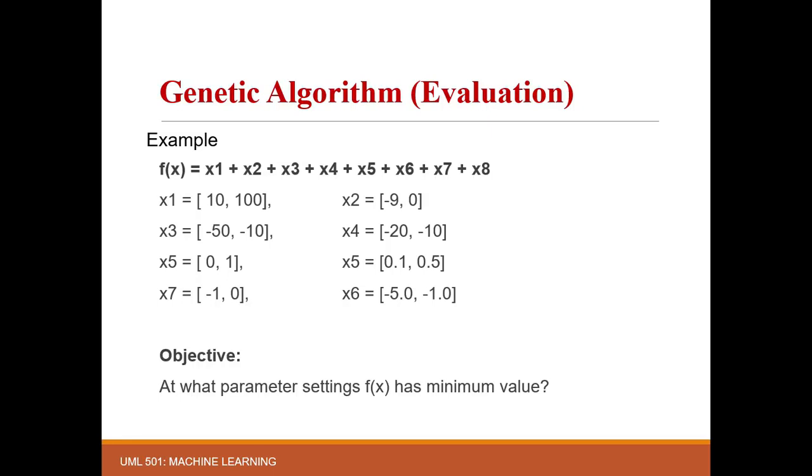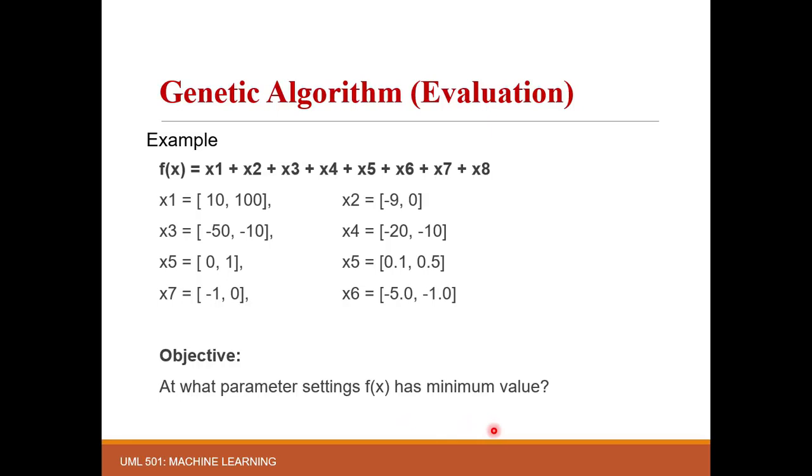That means you have to minimize this function based upon the parameter settings, that is, what value I have to select for each parameter so that I get the minimum value of f(x). So this can be a very large search space, and here you have to take the help of genetic algorithms or other optimization techniques.